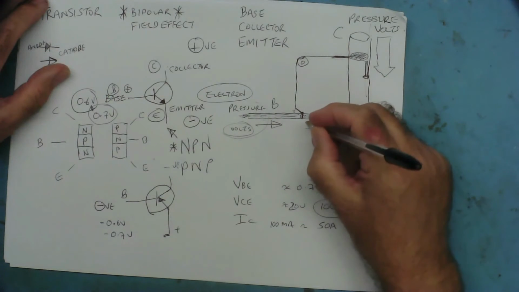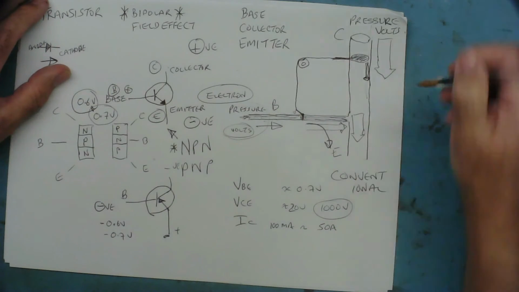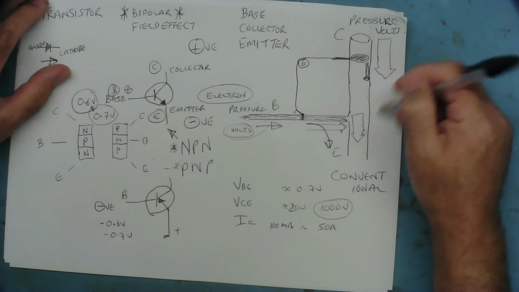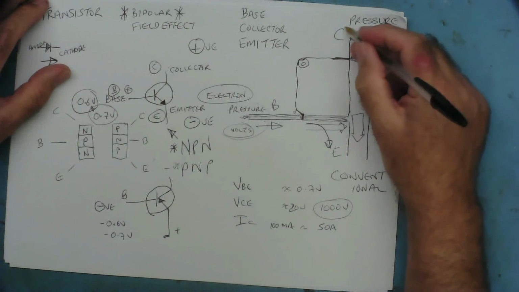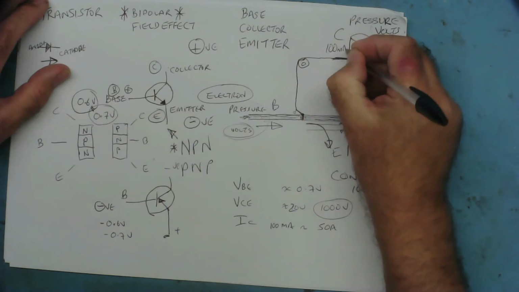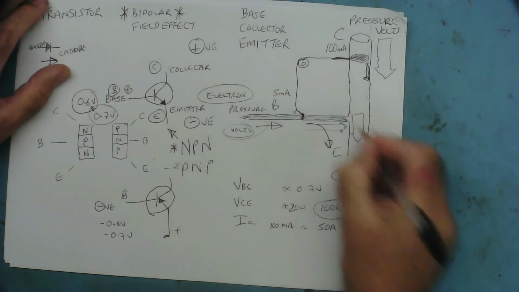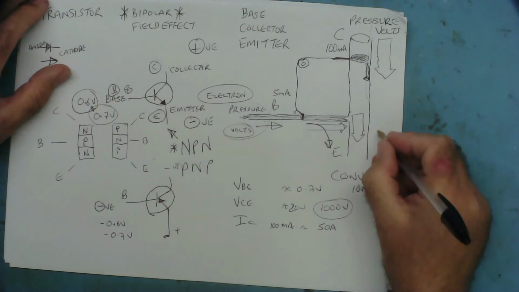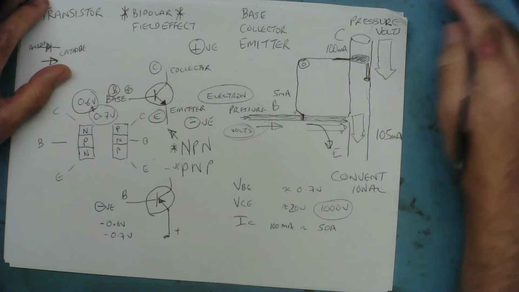Well, it's going down into the emitter. It's joining the collector flow and adding to it. So, a good example, if the collector current was say 100 milliamps and the base current was 5 milliamps, the emitter current would be 105. It's the two together.